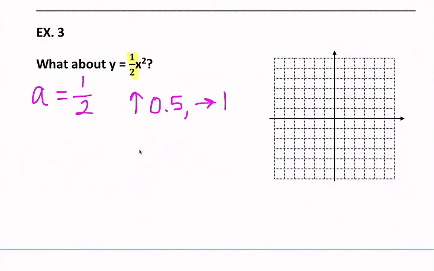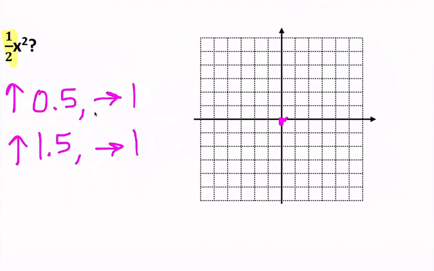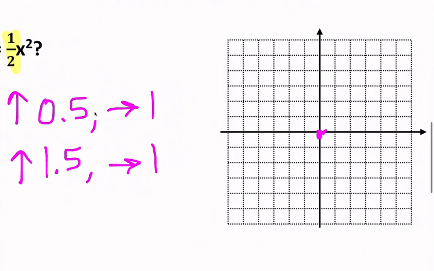Okay, the next one's supposed to be up 3, so I take 3 and I multiply by 1/2. 3 times 1/2 is 1.5. I'm going to go put my vertex on my origin. And we need to go up 1/2 of a square over 1.